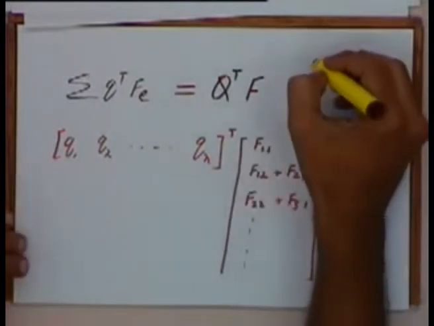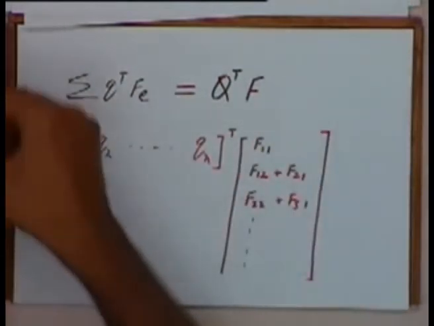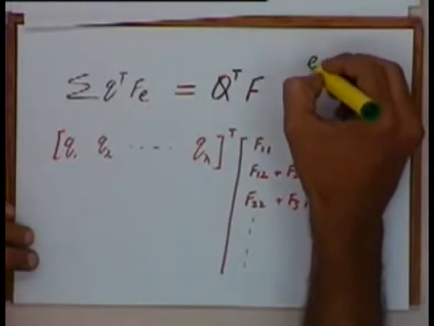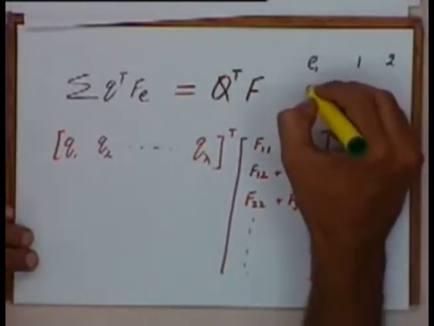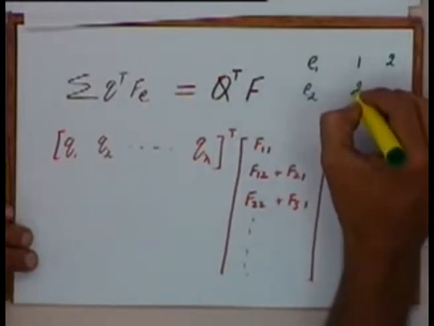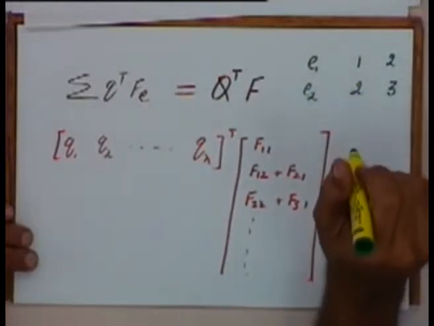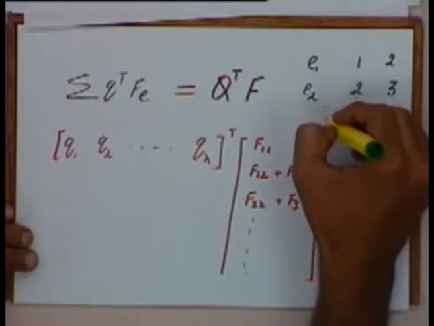Okay, what I have taken is I have element E1 defined between nodes 1 and 2 and element E2 is defined between nodes 2 and 3 and so on.